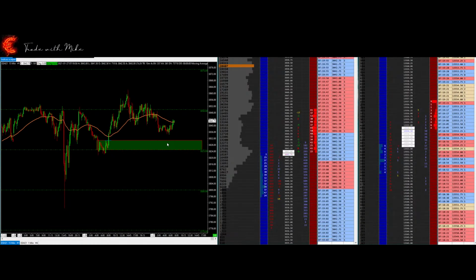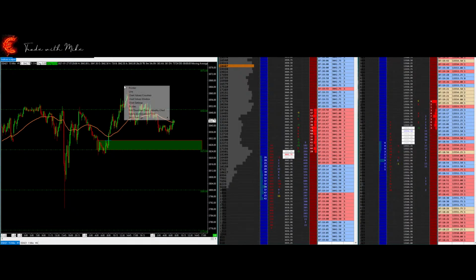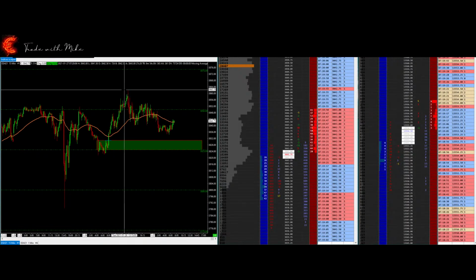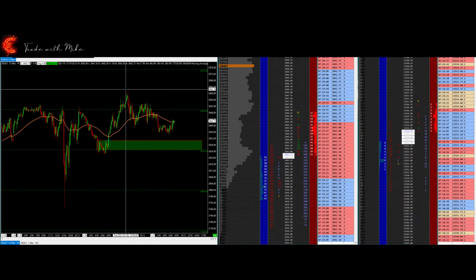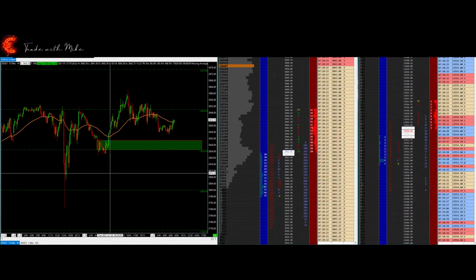That might be the target for now. If it breaks above 50, then I'll be looking at 75. So the first target would be yesterday's high here at 62.25-ish, and then 75.